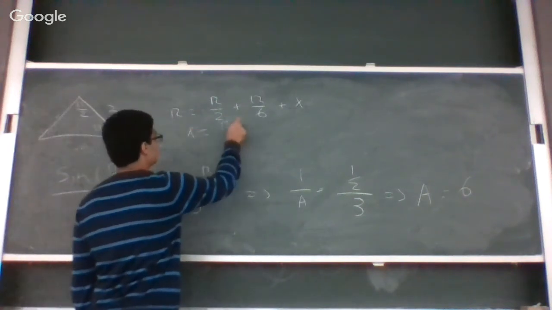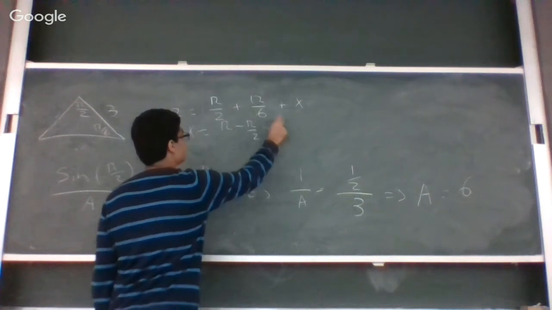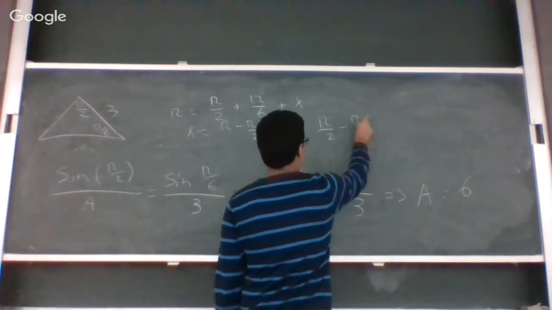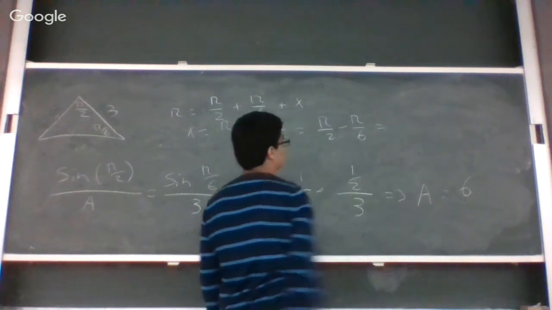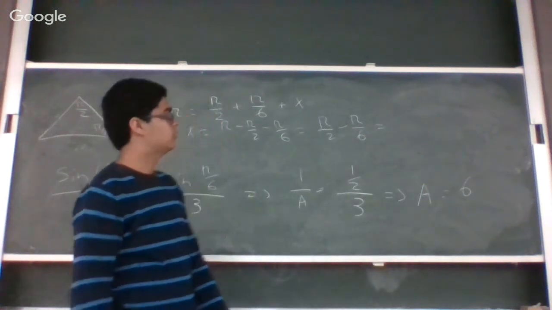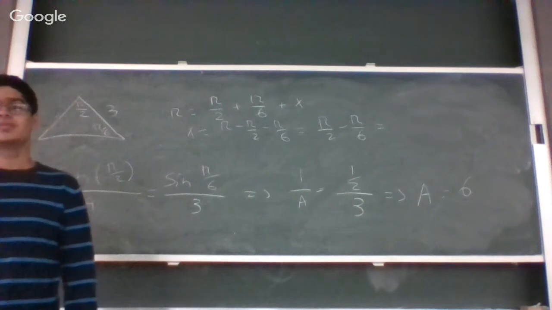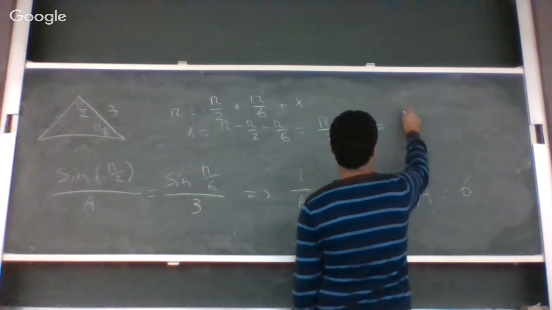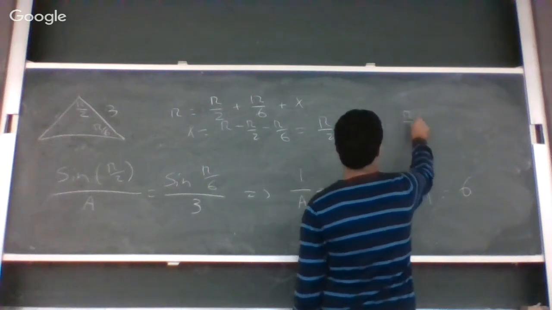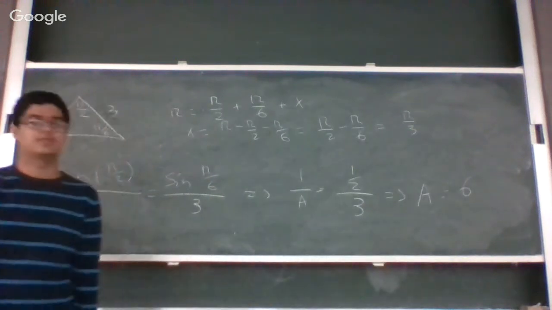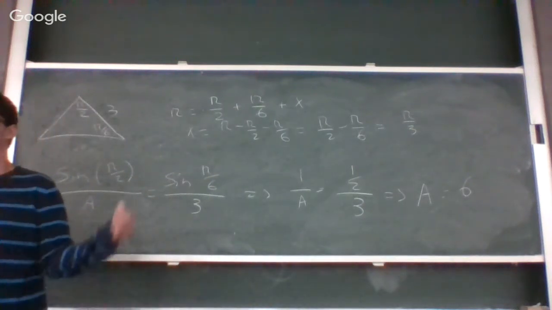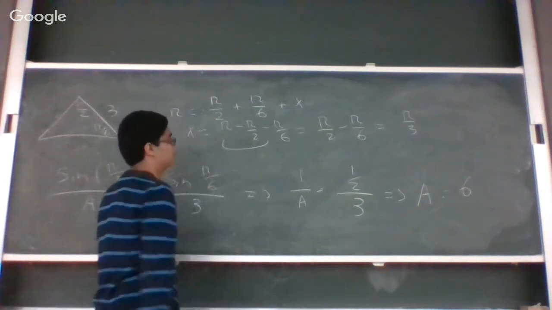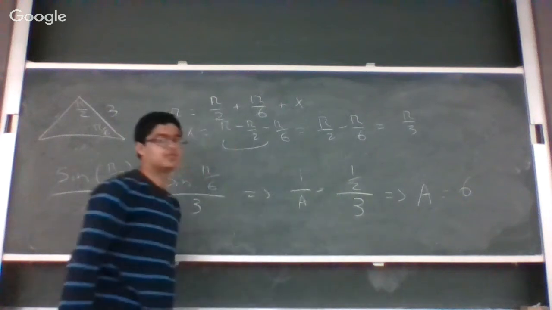X is equal to pi minus pi over 2 minus pi over 6, which is pi over 3.